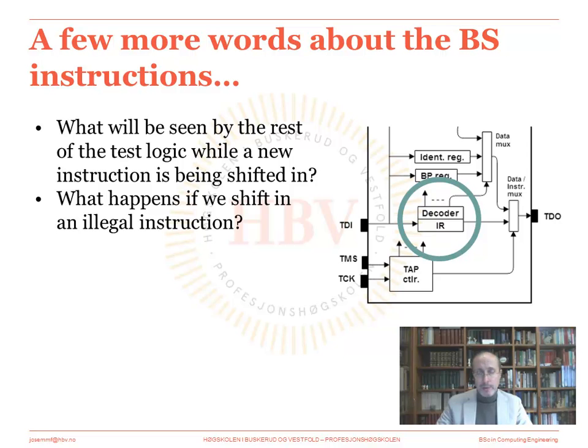Normally all those operation codes will simply select the bypass register, so by default an illegal instruction will select the bypass register. It will work as if it was the bypass instruction.